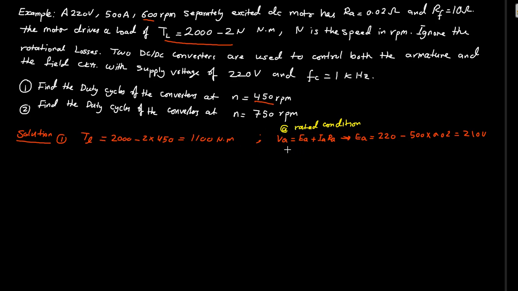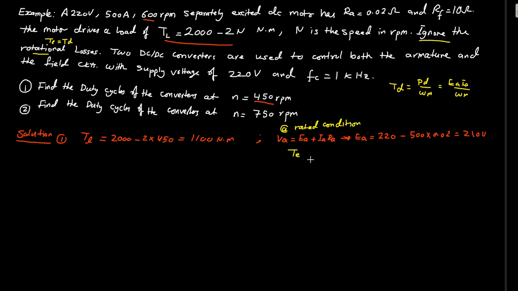Because we are ignoring the rotational losses, TE is equal to the torque developed, and the developed torque is equal to the power developed over omega m, which equals EA IA over omega m.